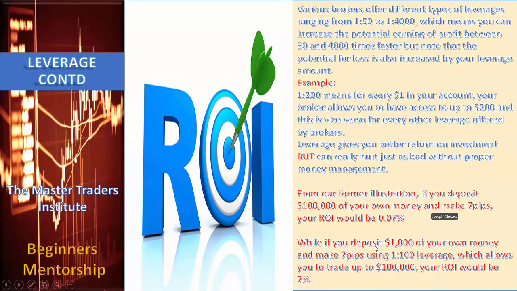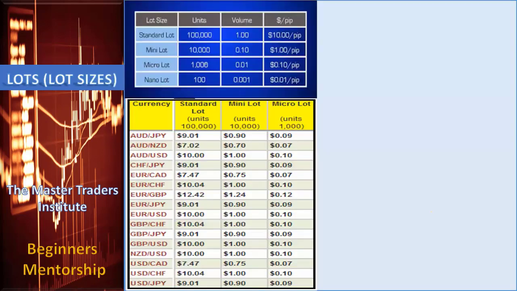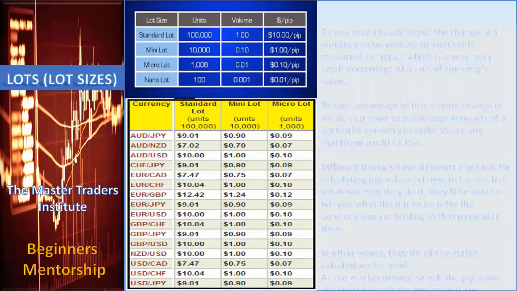So the difference between the profit you make sometimes can be determined by the leverage you use. But you can also be a professional trader and, as a matter of fact, most professional traders don't use crazy leverages. Some of them even use as low as 1:100. You understand? So some of them don't use outrageous leverages. So that is that about leverage.